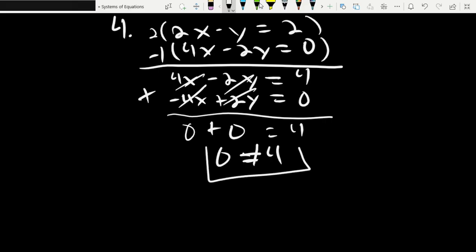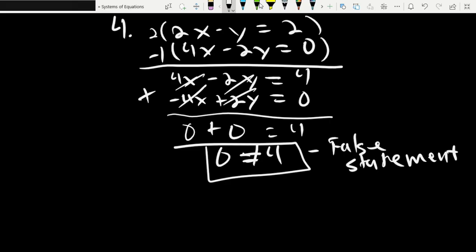So what this means, when you have something like 2 equals 3, which we know is not true, right? 0 does not equal 4, 2 does not equal 3, 5 does not equal 8. So when you have a false mathematical statement, you're going to have no solution.